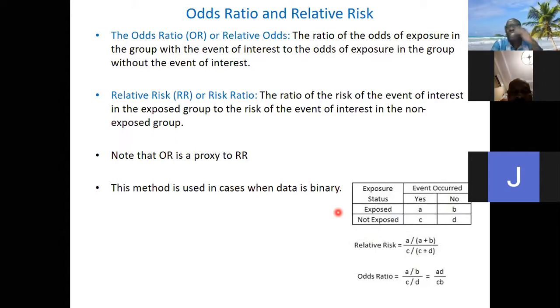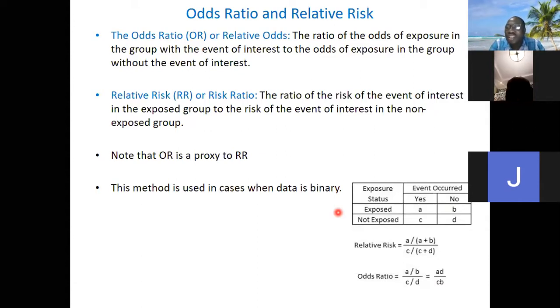Relative risk is the ratio of the risk of the event of interest in the exposed group to the risk of the event of interest in the not exposed group. If I still use the same lung cancer and smoking, here you are saying, okay, among smokers, how many develop lung cancer?